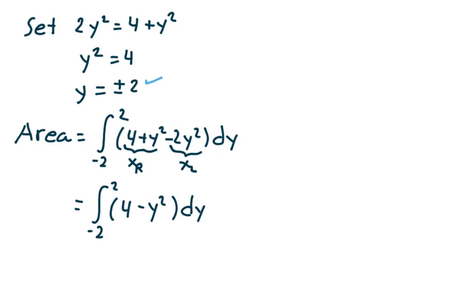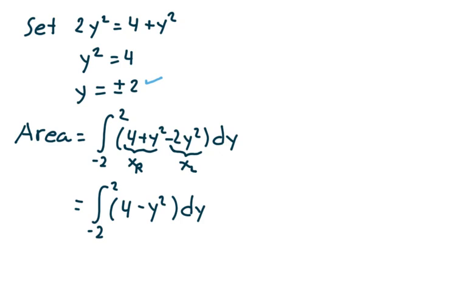Now, simplifying, this is equal to the integral from negative 2 to 2 of 4 minus y squared dy. So again, we're taking the integral from negative 2 to 2 of 4 plus y squared minus 2y squared dy, and then we're rewriting this as the integral from negative 2 to 2 of 4 minus y squared dy.